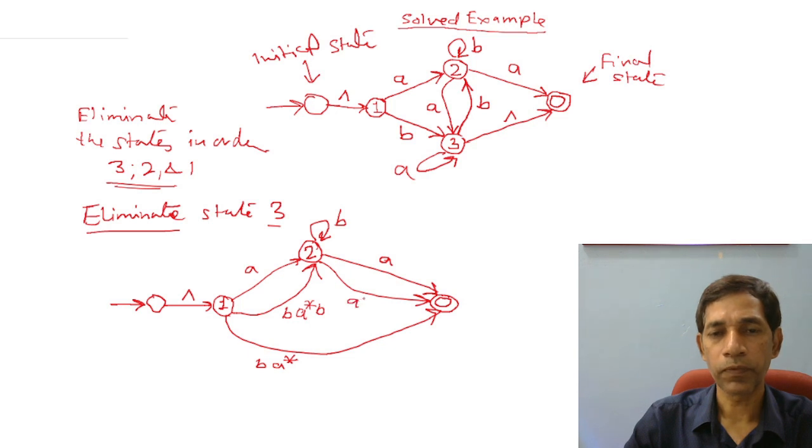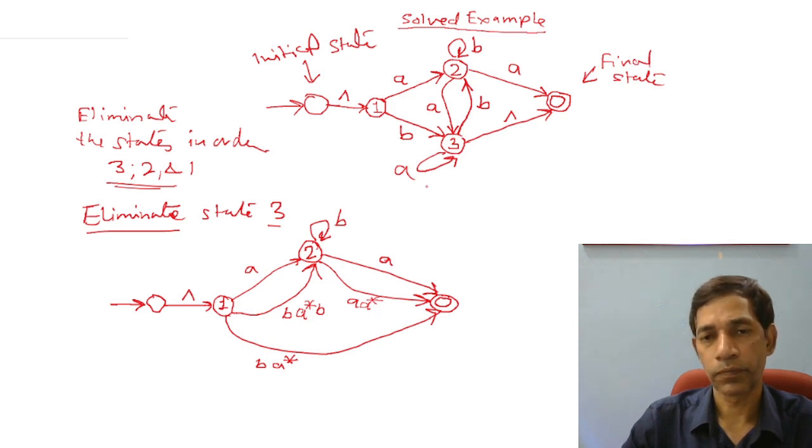For the A you are coming to the state 3, then at 3 you have the loop for the A, so A clean star, and then you are going to the final state for the null. Once you concatenate null, the result is A clean star.